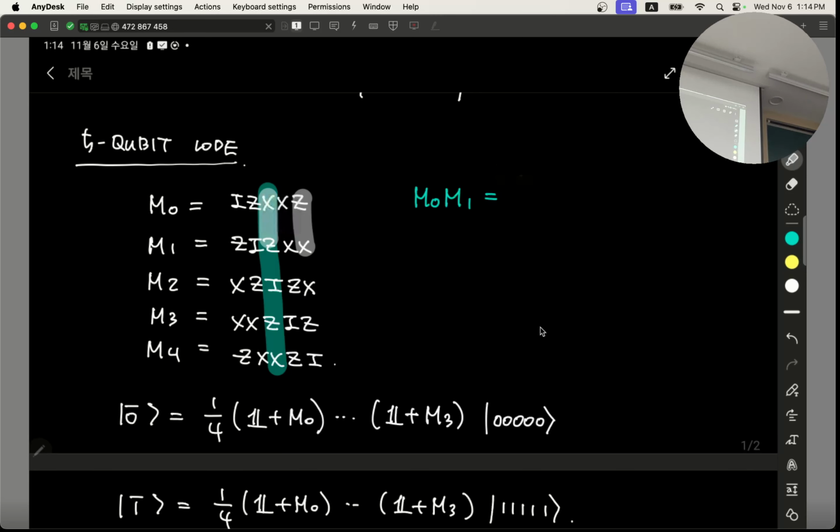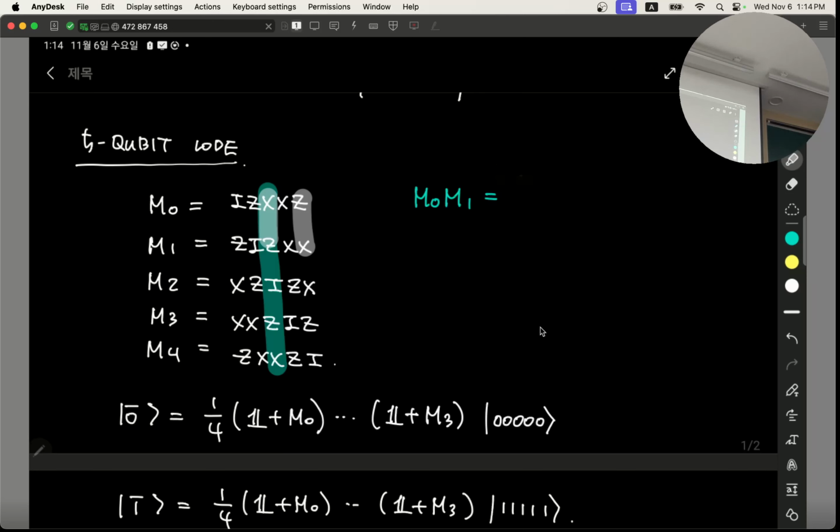The rest of the qubits either have one Z on it or two X's. So you have two qubit places where you have one X and one Z. So when you multiply M0, M1, then you're applying XZ and ZX onto the first and third qubit.